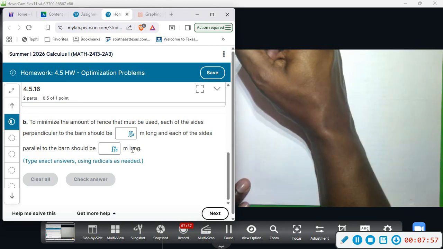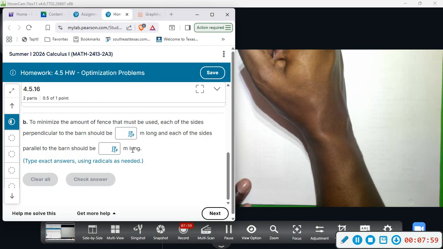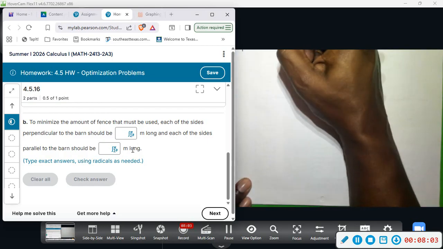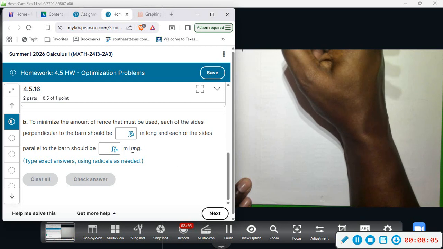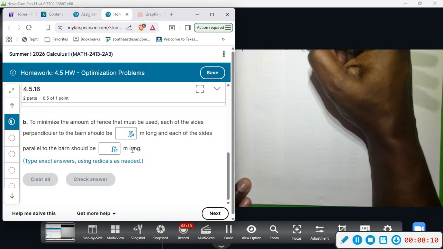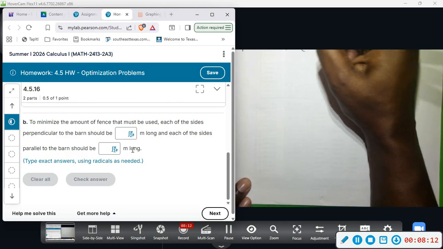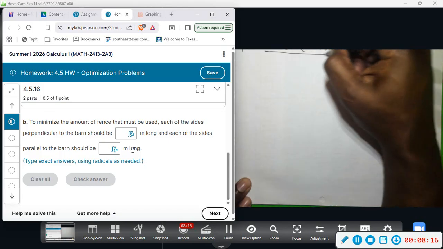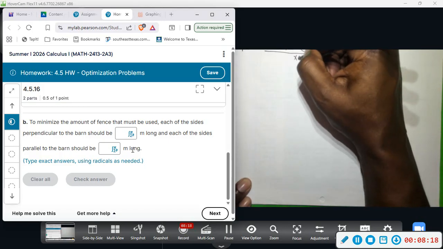So I'm going to rewrite our derivative. P prime is equal to x times 10x minus 5x squared plus 400, all divided by x squared.